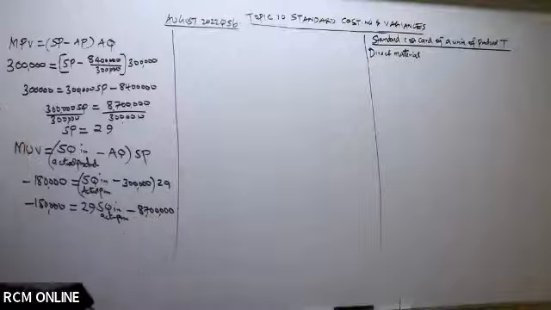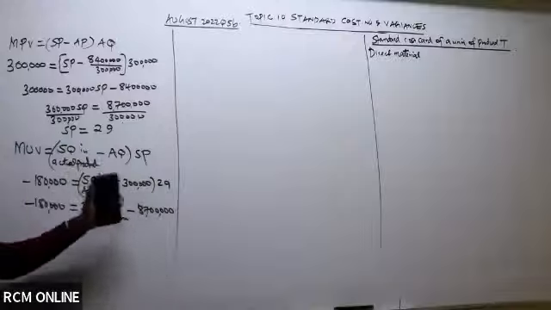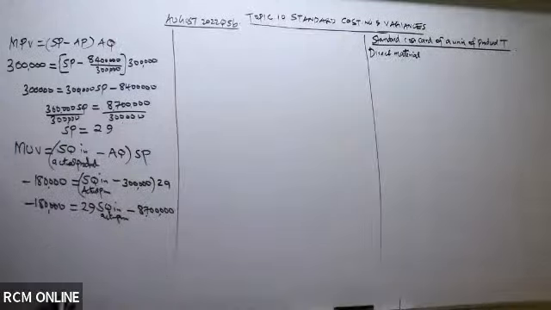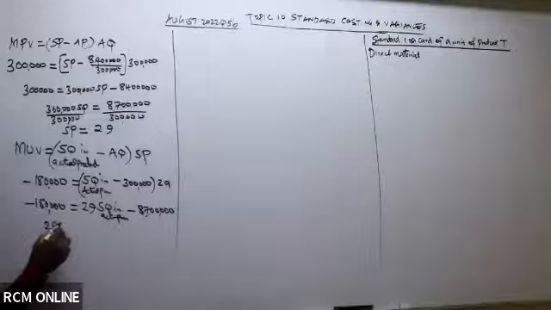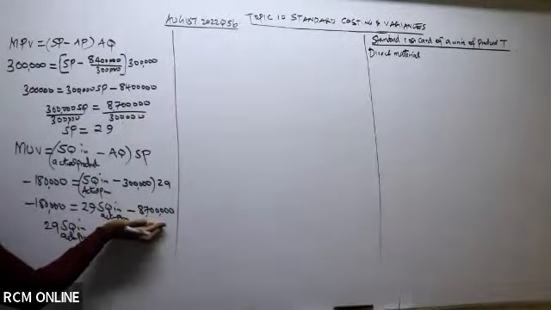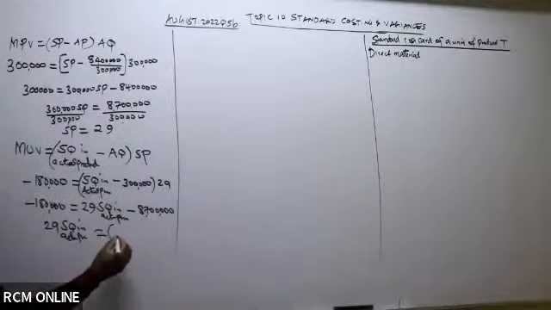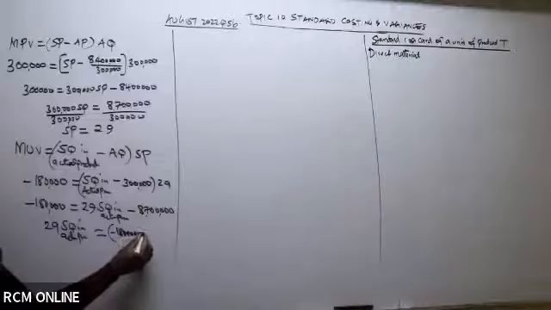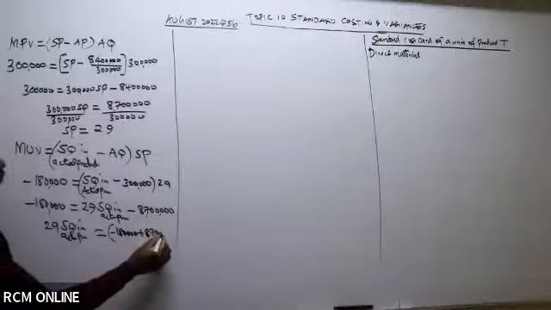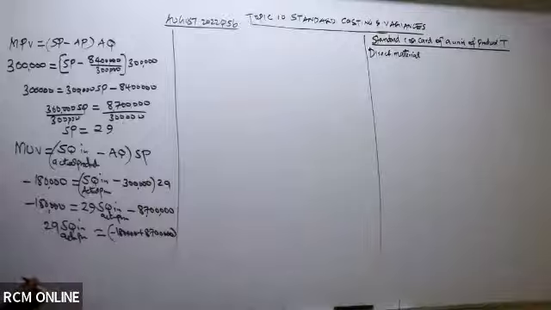Good. Now we want to collect the like terms. This one will cross the equal sign, and if it crosses, it will be a plus. So we have 29 times standard quantity in actual production is equal to negative 180,000 plus 8,700,000.